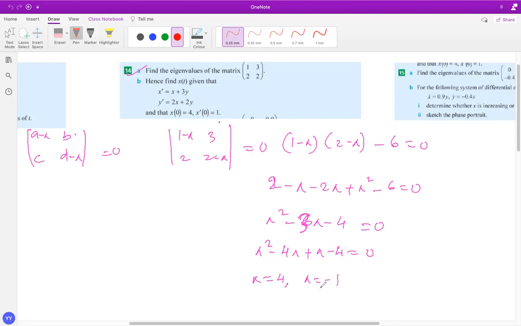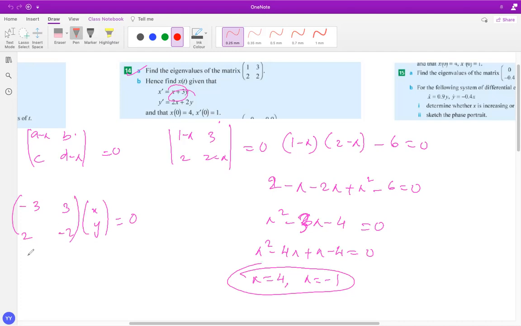So the eigenvalues I got are these. Now to get the eigenvectors, let's solve for them. I plug lambda as 4 here, so I get negative 3, 3, 2, negative 2, times x and y equals 0. This is the procedure to find the eigenvector, where x and y is the eigenvector, which is different from the general solution x and y.